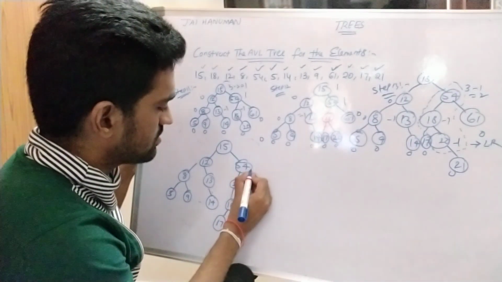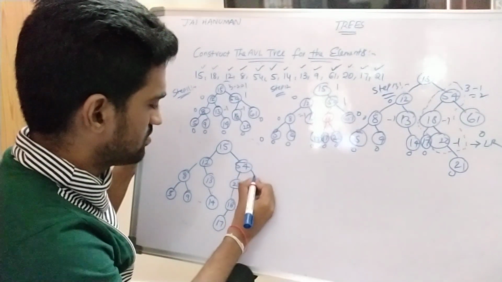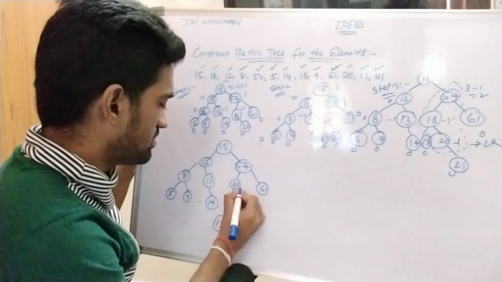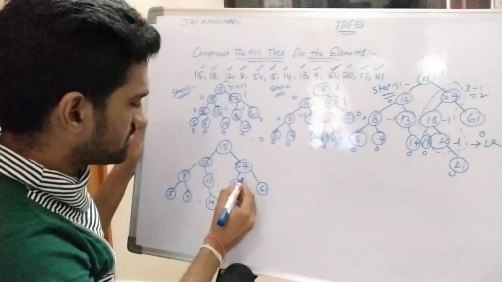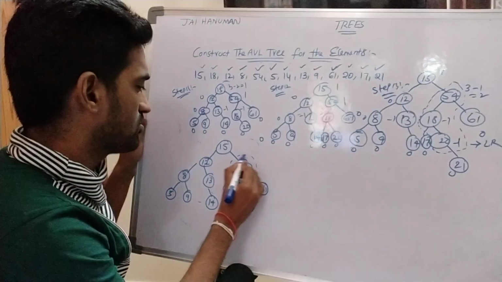This is 61. This is 21. What are the three nodes? So here these are the three nodes.